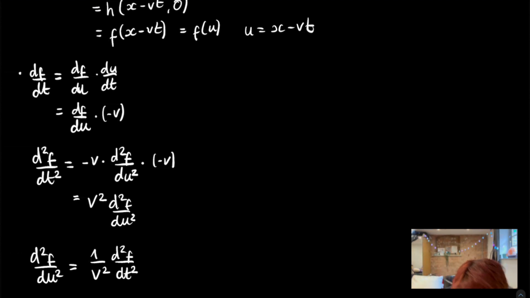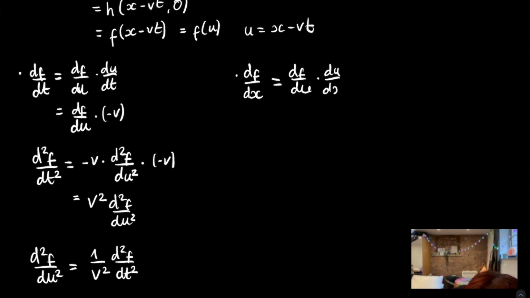Cool. So that was the time case, and let's do exactly the same but with the spatial dimension right here. So instead of df by dt, we're going to do df by dx. And like we said before, this is going to be equal to df by du times du by dx.